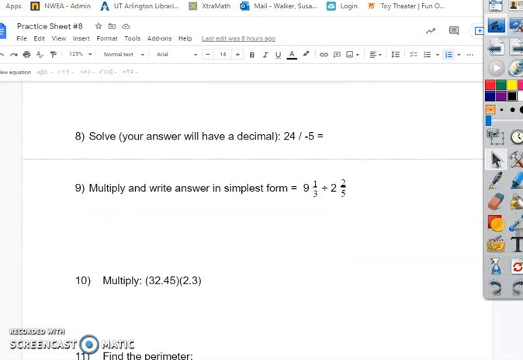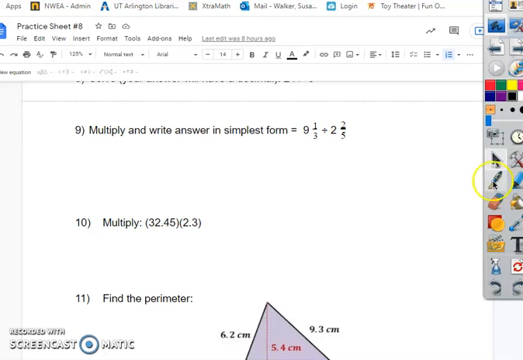Okay. Number 9, we're going to start this and not finish it. So this should say, I don't know why it says multiply, divide. And write the answer in simplest form. That should say divide. Okay. So I'll fix that. I'll have it fixed for next year. So remember, when we divide or multiply, we do Texas, Texas. We do that first. Okay. So 3 times 9 plus 1. What's 3 times 9?